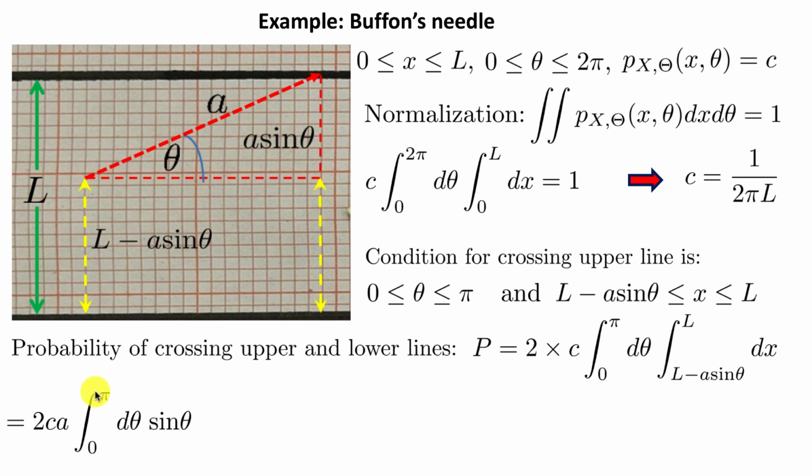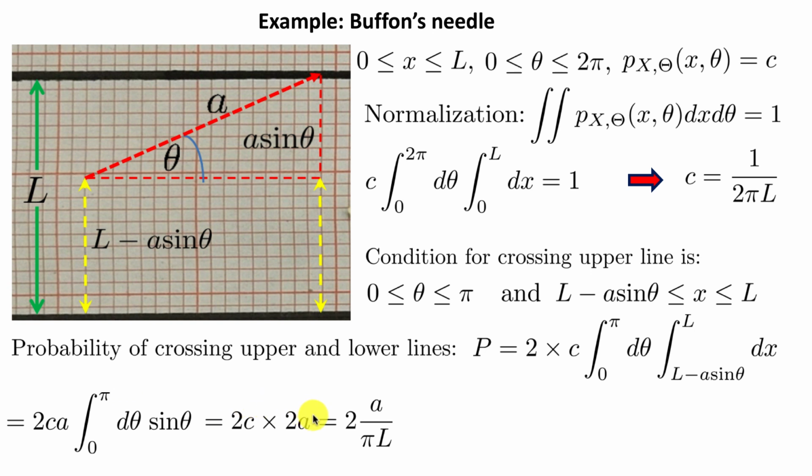Again, I insist that this is pi and not 2 pi because we've already compensated with the 2 over here. Good. So now we get 2c into 2a because this integral of sine theta going from 0 to pi is just equal to 2, as you can trivially verify.